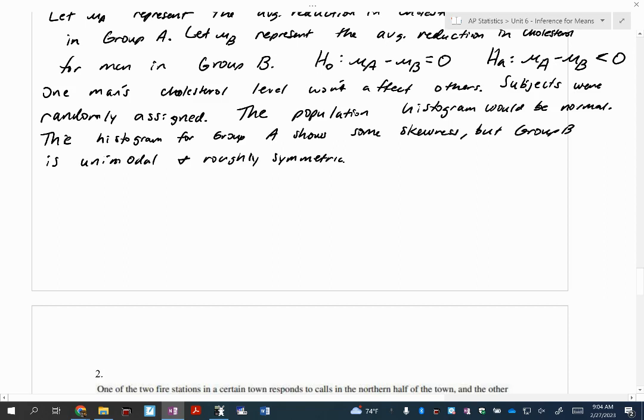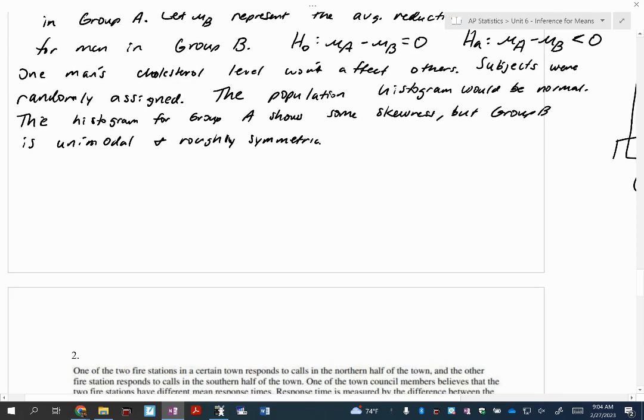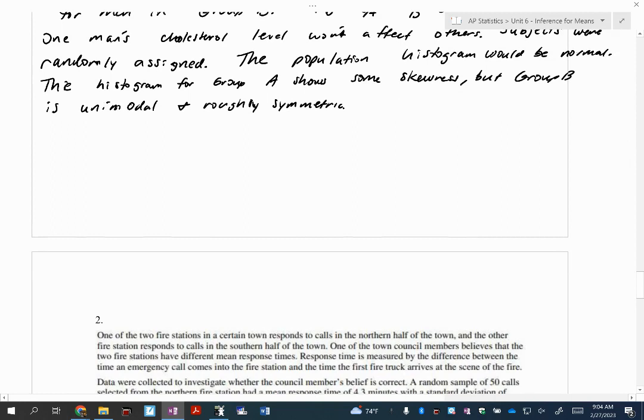So once you get to this point, all right, what you want to do is you want to go ahead and do your independent groups assumption, and then do your statement to say what you're going to do. So what we're going to do here is we're going to say that the two groups are independent of each other.